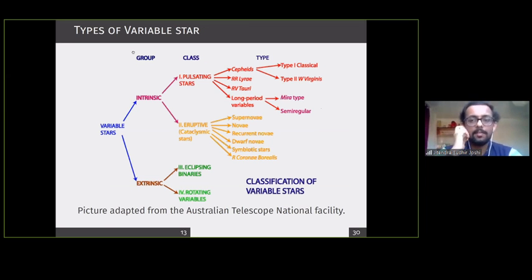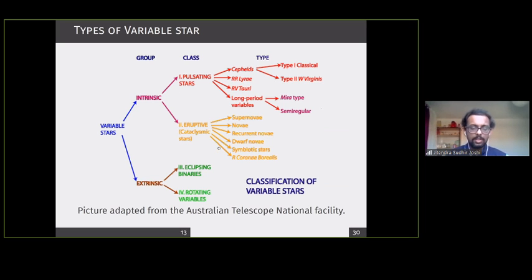And then there are various types of variable stars. I won't dwell much on each of these, but the intrinsic variables are stars which change in brightness because of some processes happening inside the star, like pulsating, or if they erupt all of a sudden. And extrinsic variables are stars whose brightness changes because of some external parameters, like an eclipsing binary.